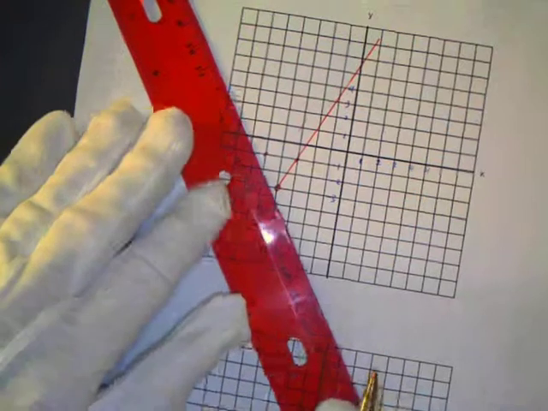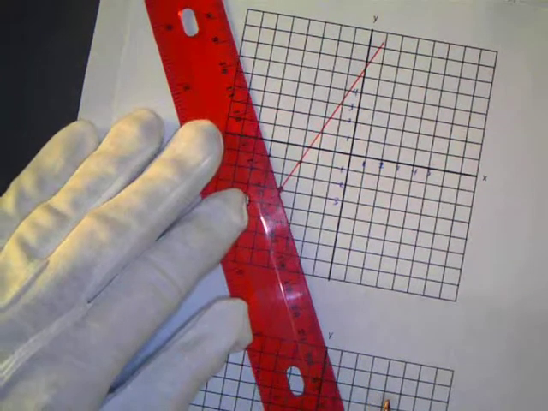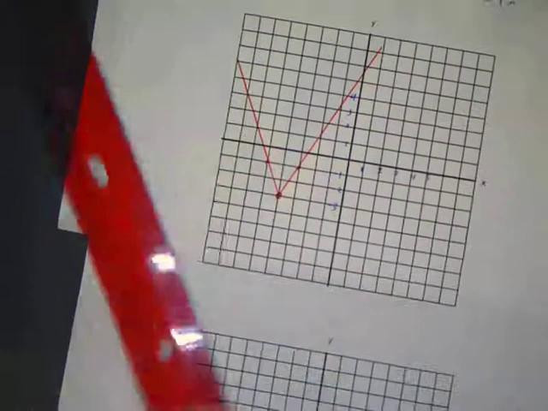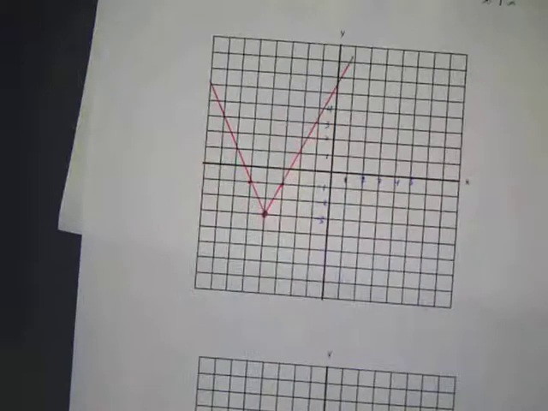And over here. And there you go. So it looks like that.